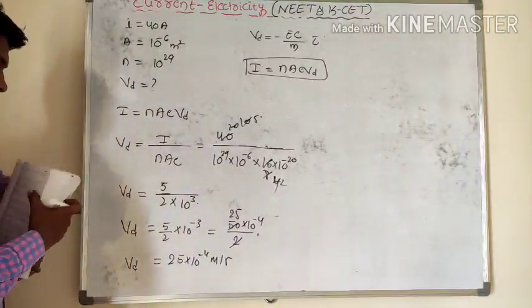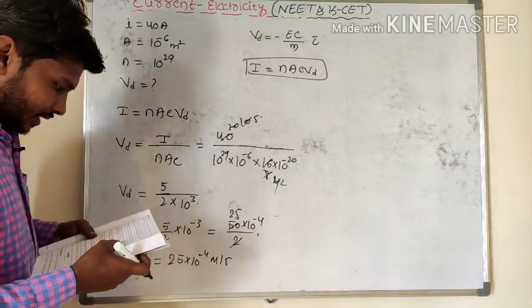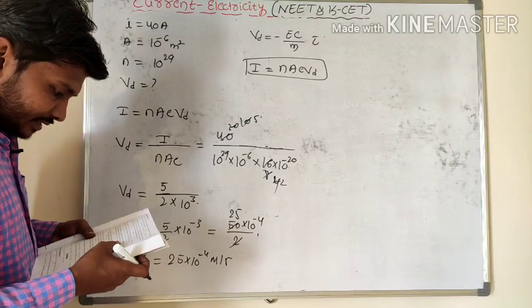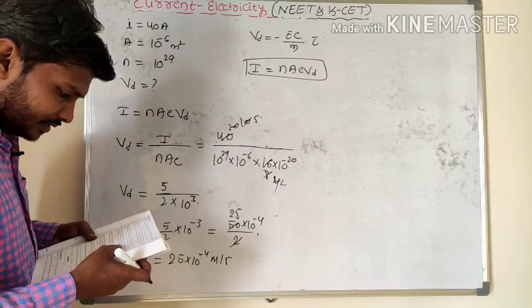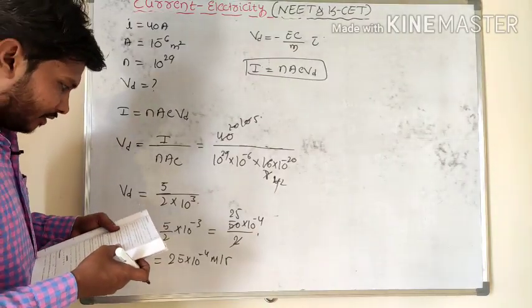Let me check the options: 250 into 10 to the power of minus 3, 25 into 10 to the power of minus 3, 2.50 into 10 to the power of minus 3, and 1.25 into 10 to the power of minus 3.